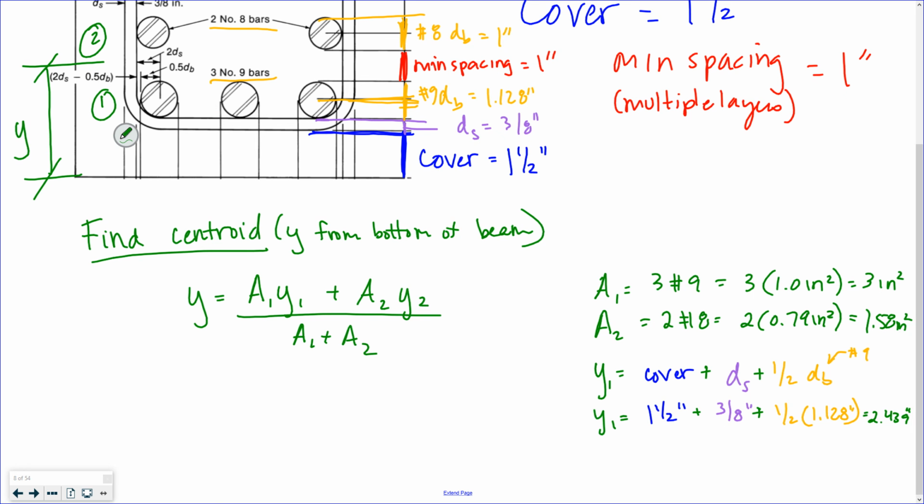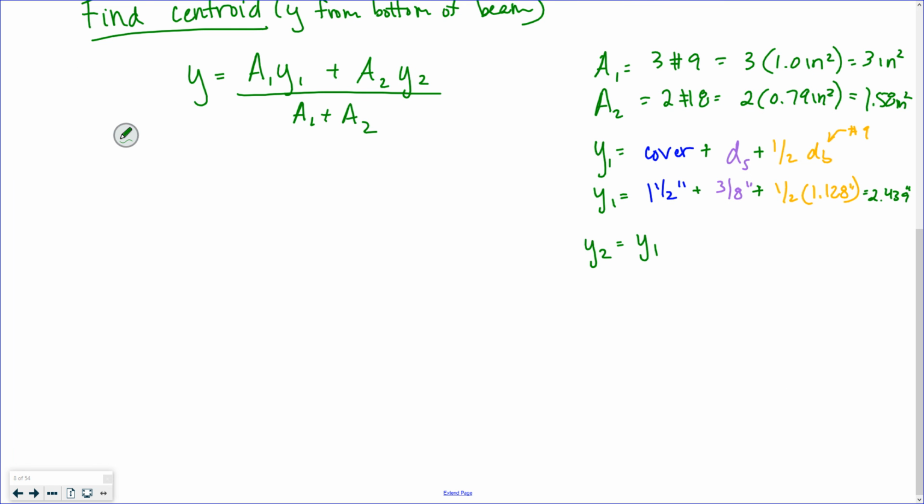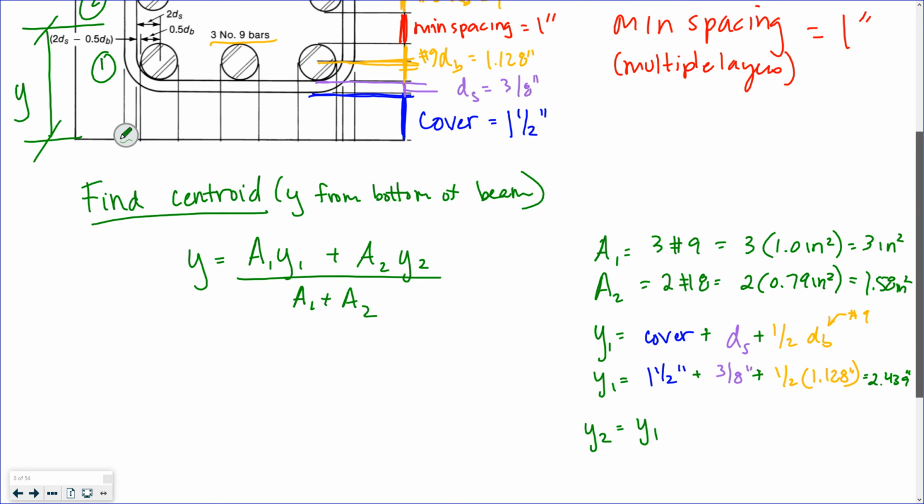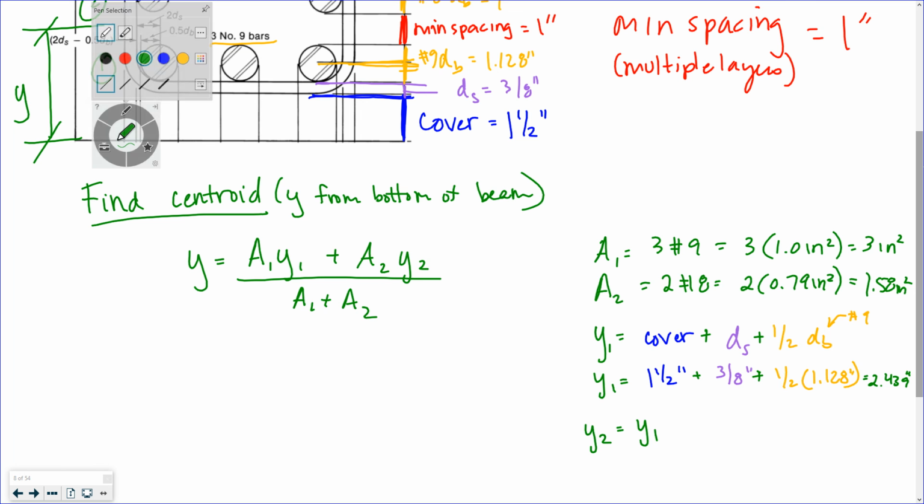The distance to the centroid of the other one, right, is y1 really. y2 is y1 plus, alright, I'm at the centroid of layer 1, so I need another 1/2 number 9 plus my minimum spacing plus 1/2 of a number 8.